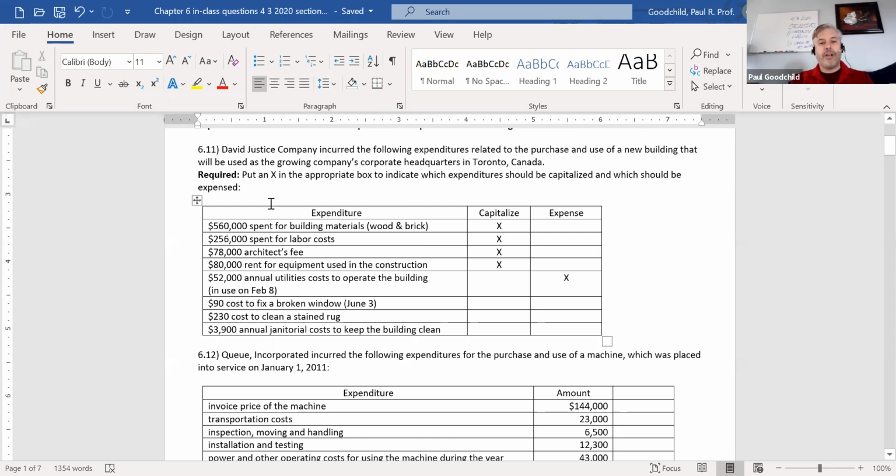So whatever they paid for the new building would go into the cost of the building. This 560, the 256, the 78, we're going to get somewhere close to $1 million, let's just say, because I don't want to punch up the math right now. That would be the cost of the building. Then they determine the useful life of the building, and they would depreciate it over time.